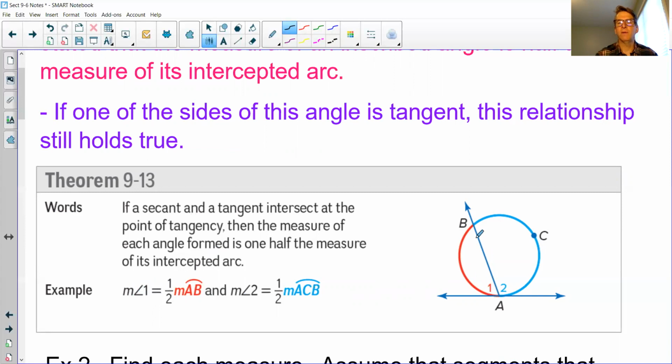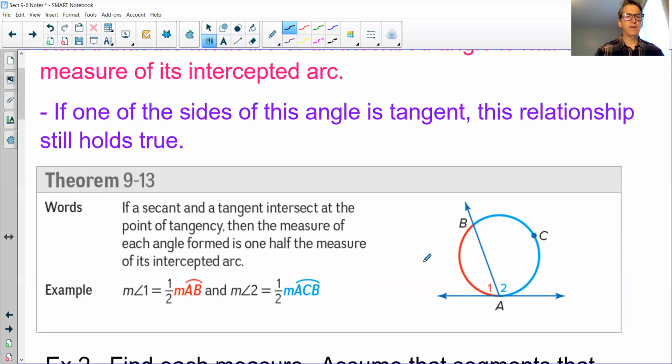Here's angle 1, and here's AB, the measure of angle 1 will be 1/2 of this arc. Likewise, the measure of angle 2 will be 1/2 the measure of ACB. It's got to be on the circle.